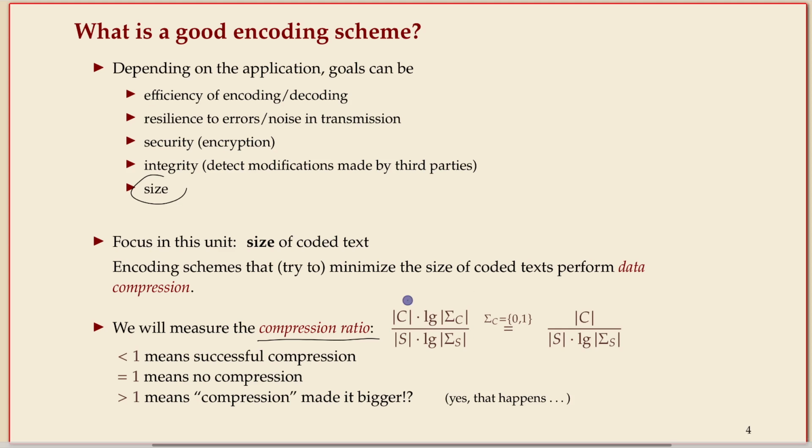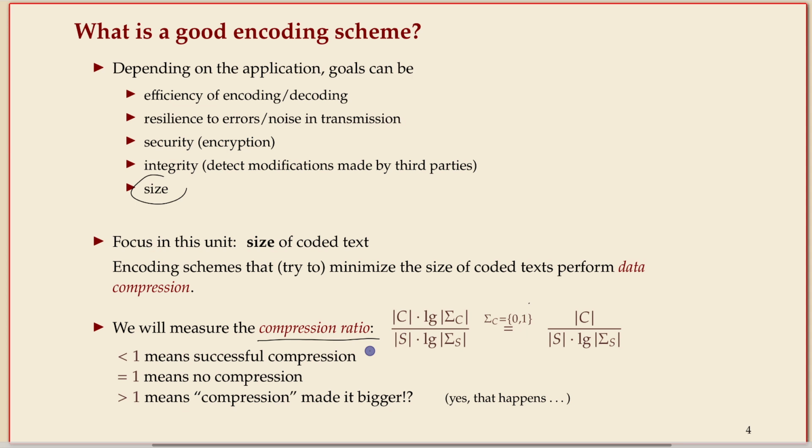The proper way to define it is to take the number of characters in the coded text times log of the alphabet size, because you roughly need that many bits to write down one character. If these are nice powers of 2, you can just write it down like that. The typical case, as noted here, is that if the coded text is in bits, this simplifies, since log of 2 is 1. And for the source text, we usually stick with the alphabet.